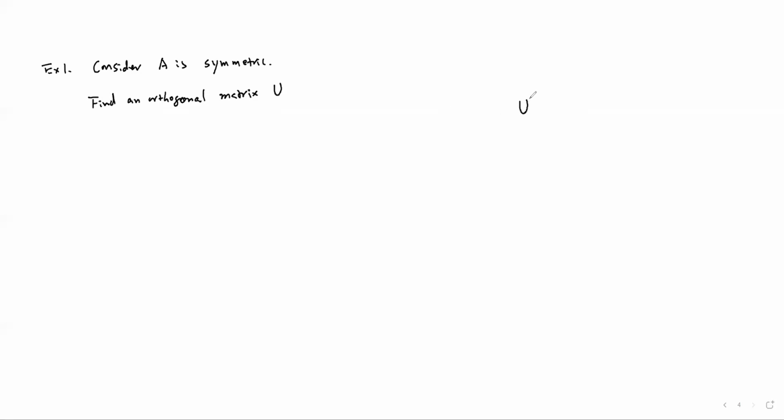That means U transpose times U is I, the identity matrix. Find an orthogonal matrix such that U transpose times A times U is a tri-diagonal matrix first.